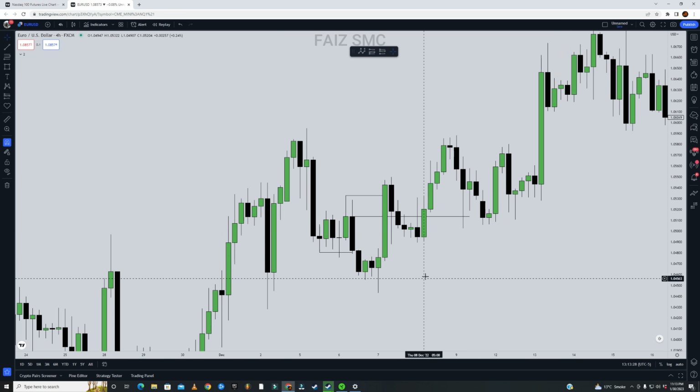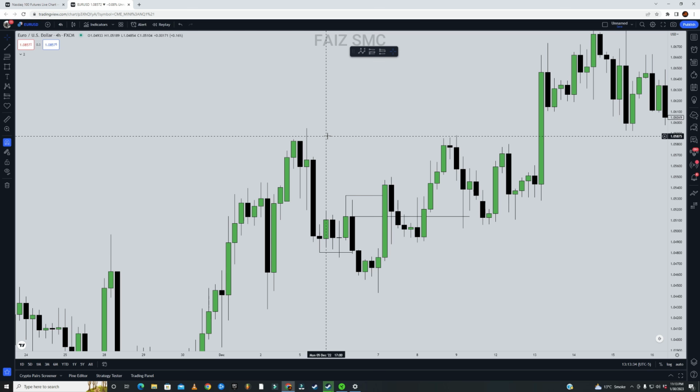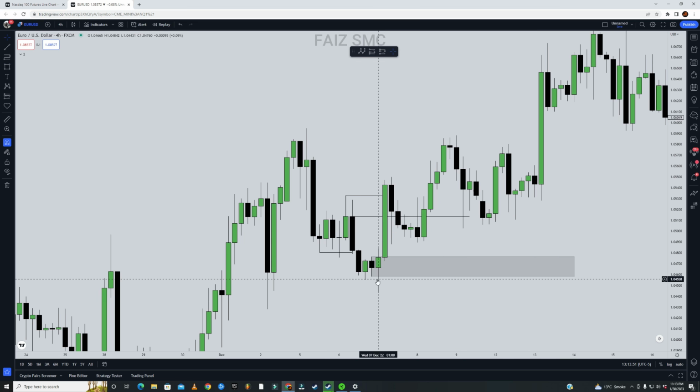So this is a must, guys. Now you must know this, all right? This is the basics of ICT that I'm teaching you guys. So you can see we had these consecutive bearish candles, and price is always going to react off this level instead of this level. Yeah, you can get lucky once in a while and it's going to react off this level and you're going to consider this as an order block.